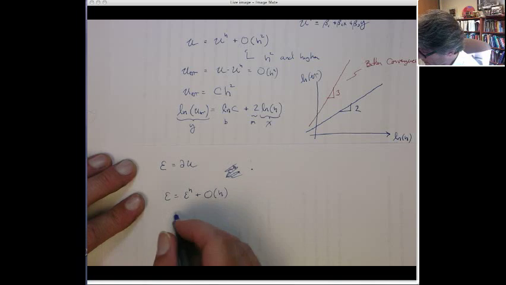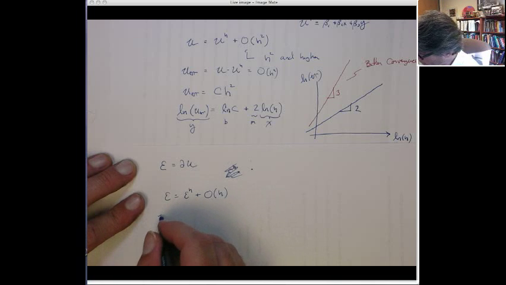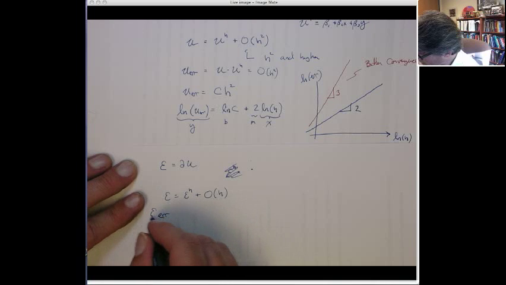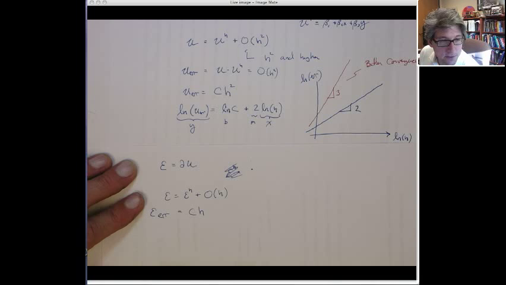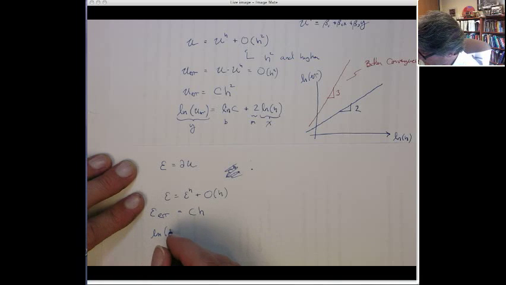Now in this case, you can do the same thing. The error for the strain is basically equal to some constant times h to the first. And then if we take the log of both sides, you see we get it.